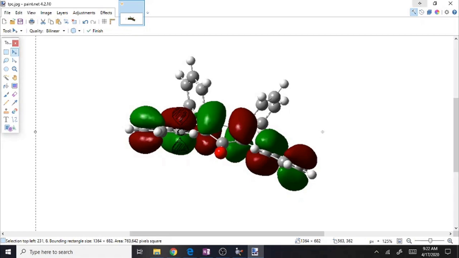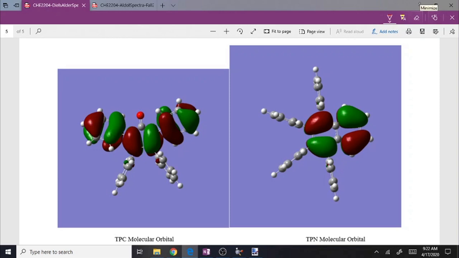So what we're looking at then in these structures, all of these clouds or blobs, whatever you want to call them, are extending over the molecule. So here we have coverage over the central cyclopentadiene and the two phenyl rings, whereas in our tetraphenylnaphthalene, the coverage is only over the two rings of the naphthalene.